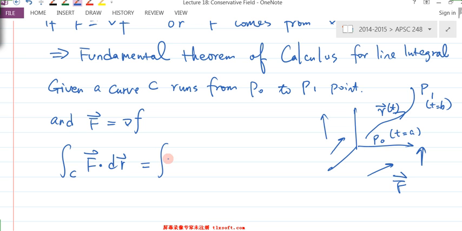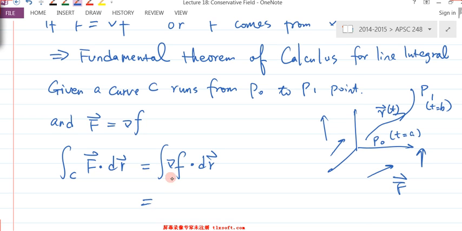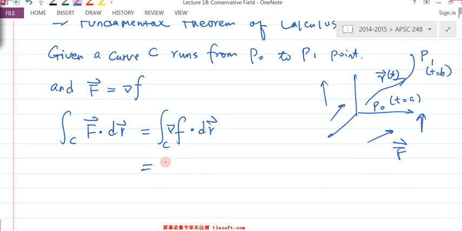Because F comes from a scalar function f, that is the assumption, I replace the vector field F with del f dot dr. But we don't need to evaluate this. We just do this.